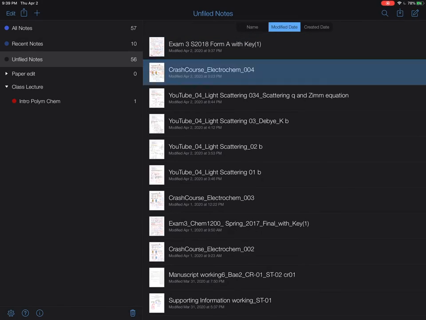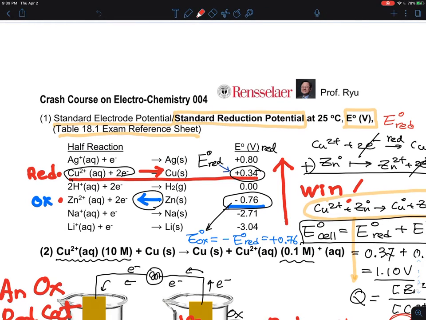So I'm going to go back, and there's a question about what will be the E naught for Ag and Cu. Okay, so in this case, let's do this. Ag is a winner, right? So I am going to write reduction: Ag plus and the electron will be written as it is.